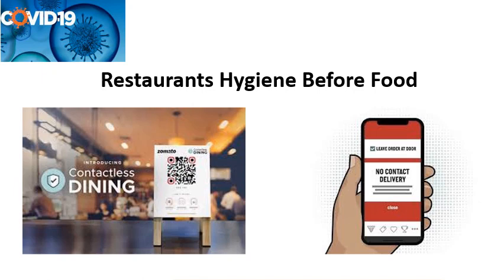And hence now, suddenly consumers are more interested to understand how hygienic you are, rather than just be concerned about what is your menu. So therefore, no contact delivery, signboards outside restaurants that the dining is contactless. I mean, stuff like that was never thought of, right? These benefits have emerged only because of COVID-19.